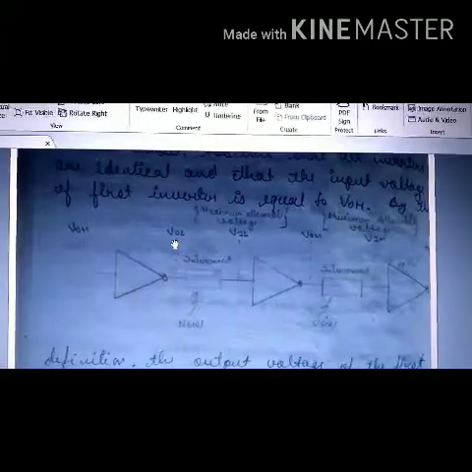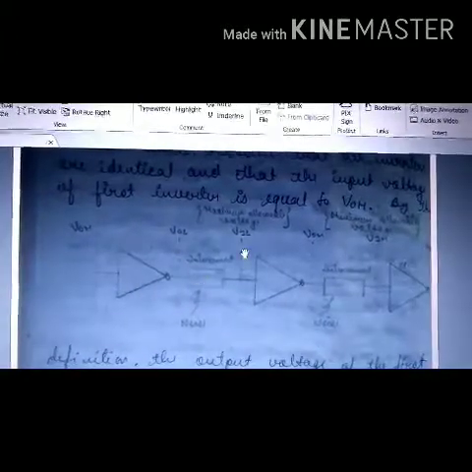However, if this voltage becomes higher than VOL, or we can say higher than VIL, where VIL is the level which is considered low for this inverter, then because of the noise, this inverter will not function properly.